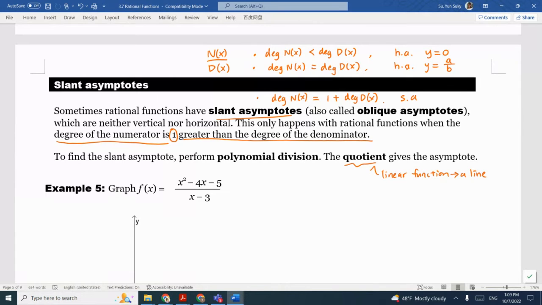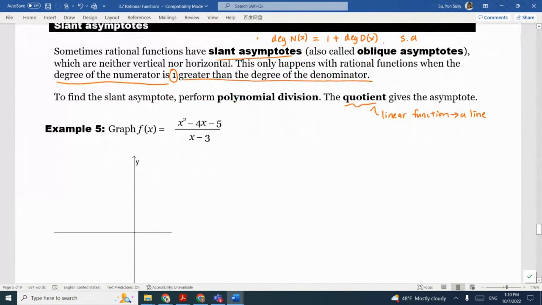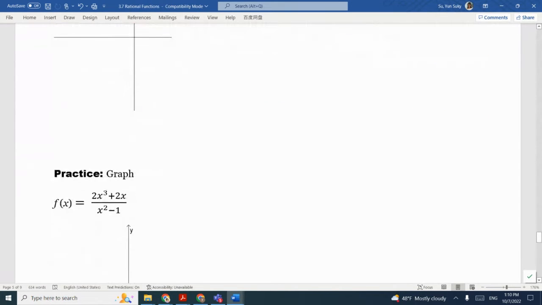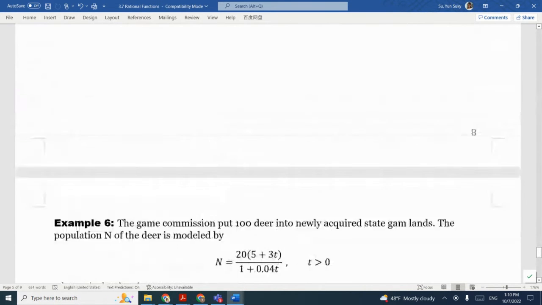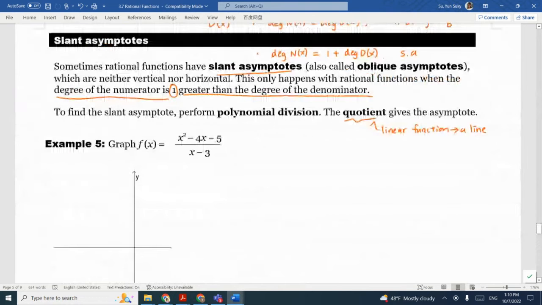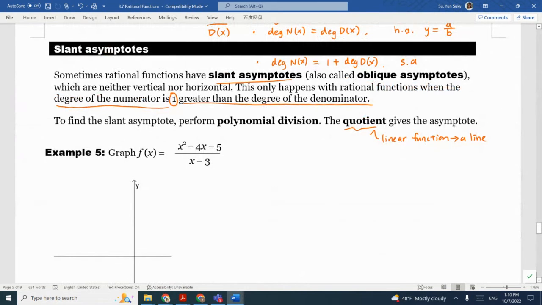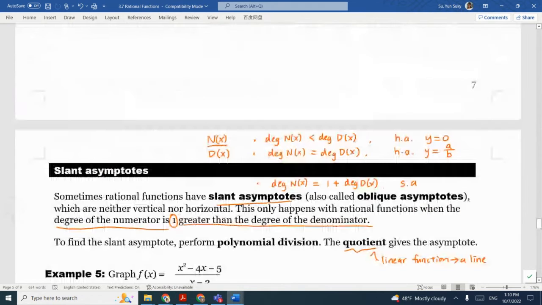Okay. All right. So let's look at this example. Let me see. Where's this one? Is it the same thing? Oh. Interesting.